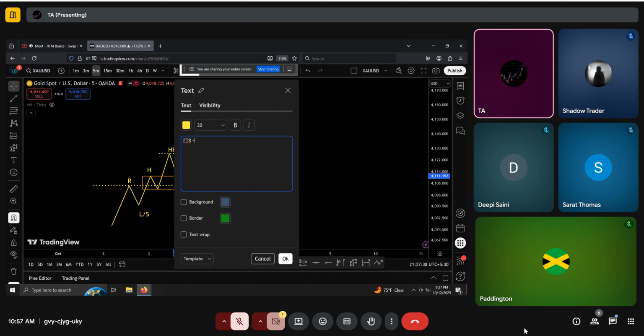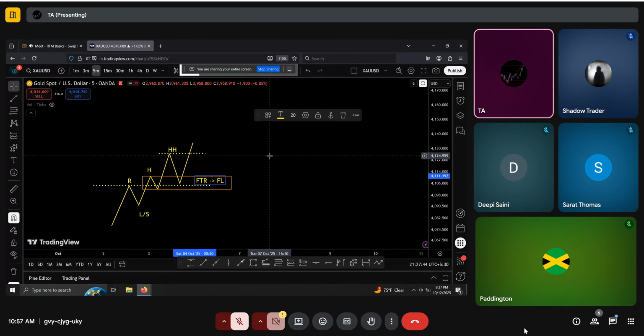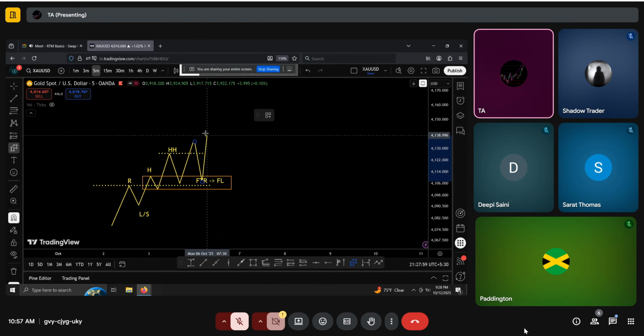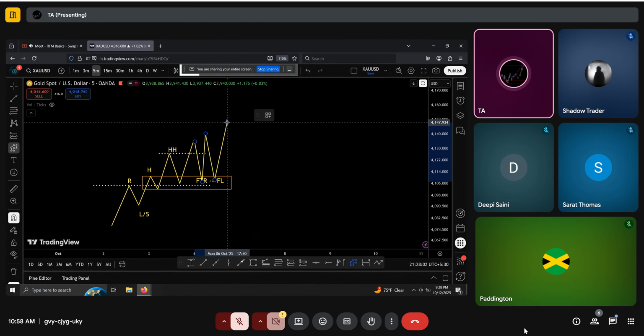Right? Now this FTR converts to FL. Now this is FL, and this FL is valid until it is broken to the downside. It doesn't matter how many times price comes back. Price may come back again, go up, come back again, go up.